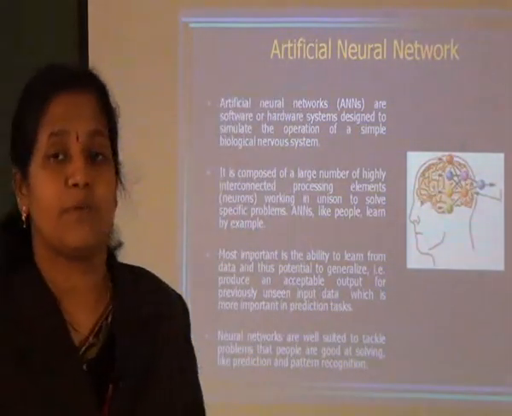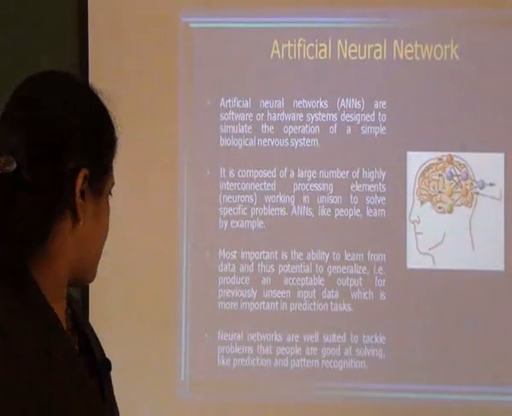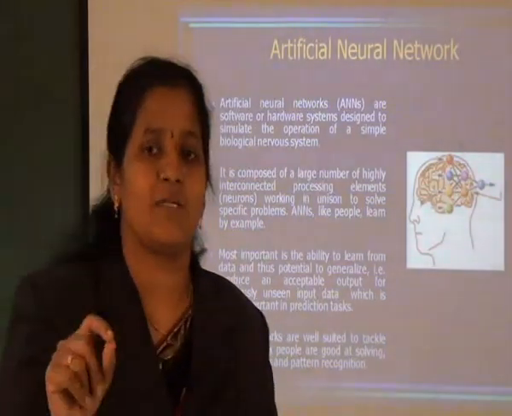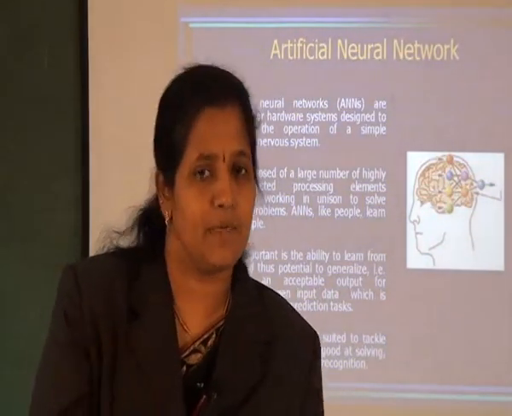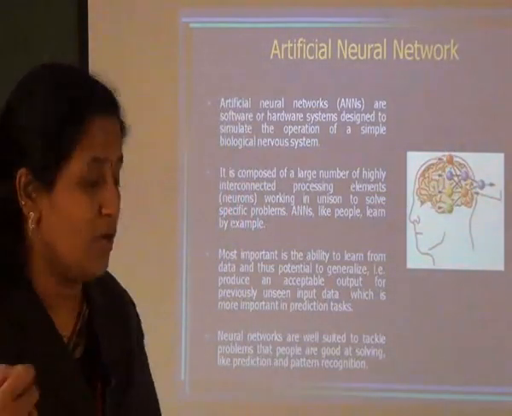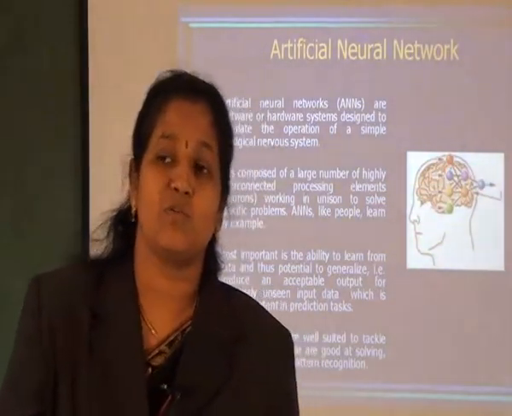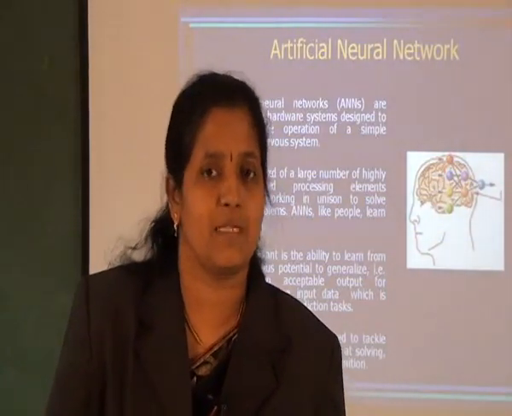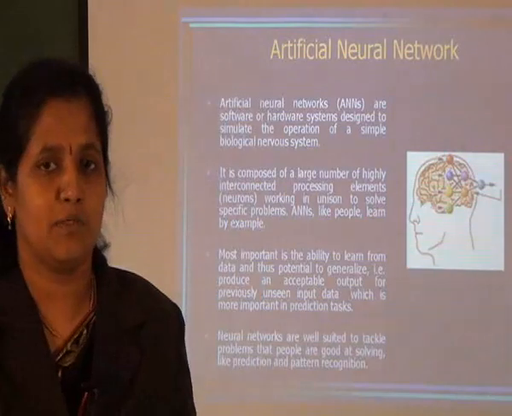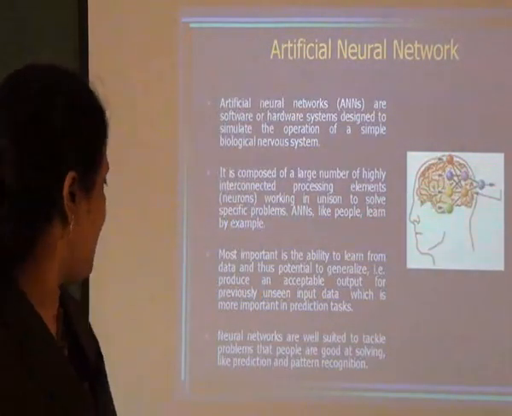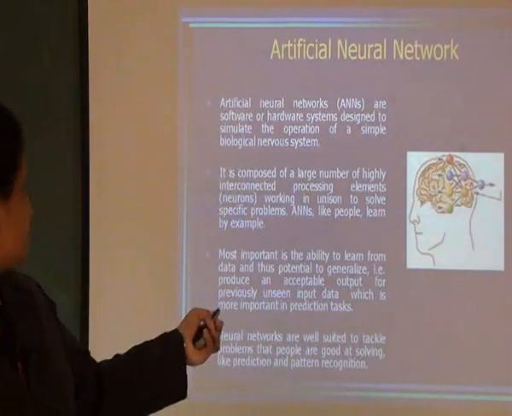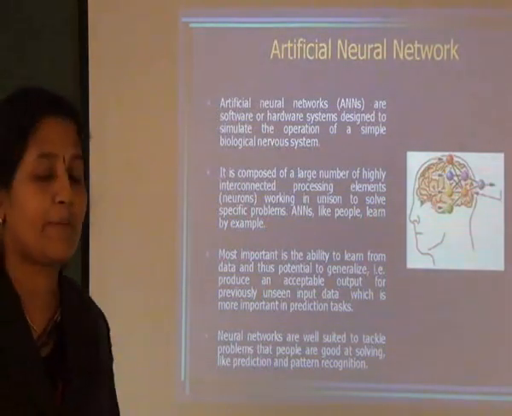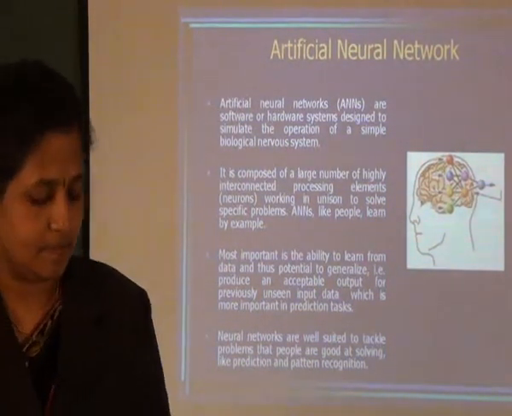So it's a potential to generalize, which is very important for prediction tasks. Neural networks are well suited to tackle problems where human beings are used to tackling the problem. Wherever human beings are able to make a decision, you can replace them with artificial neural networks. So it is good at solving prediction and pattern recognition.